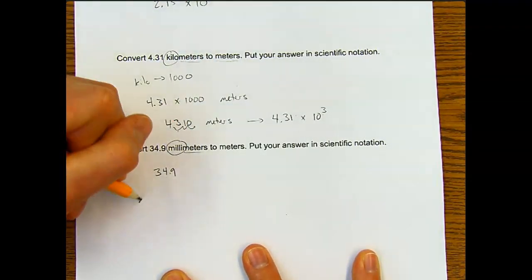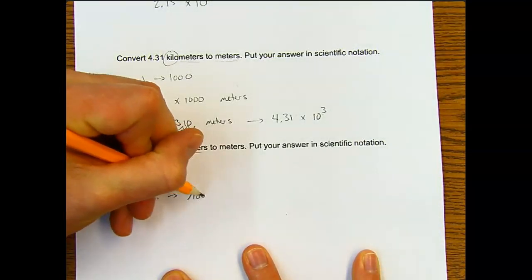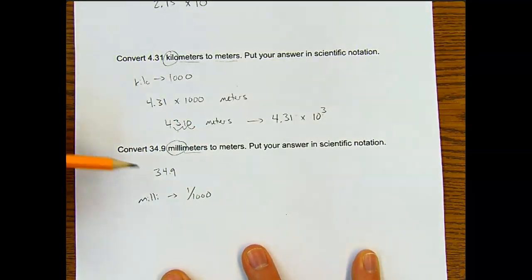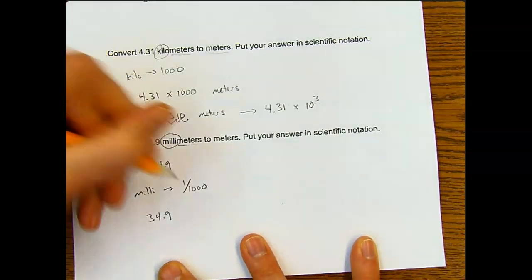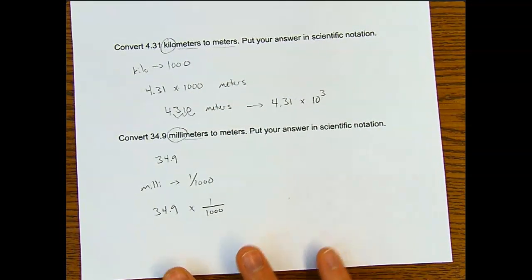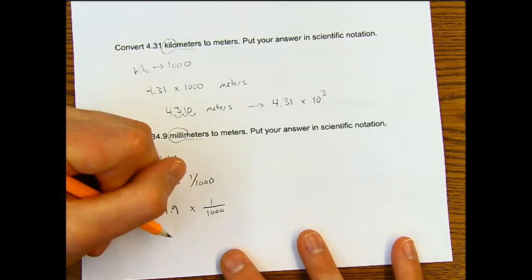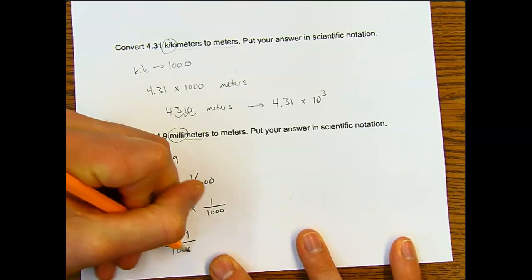Milli means 1,000th. So you might recognize the pattern of what we did up here. I'm going to do that same thing for this one. I'm going to do 34.9 times 1/1000th. Or another way to say that is 34.9 divided by 1,000.